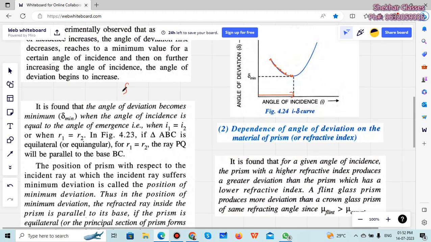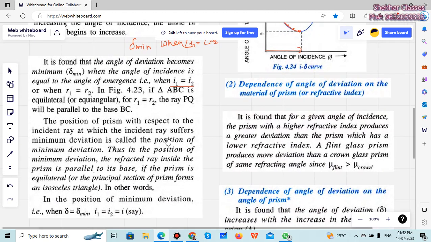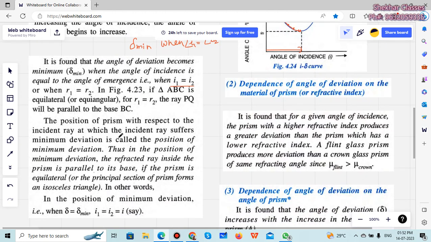It means delta is minimum only when the angle of incidence is equal to the angle of emergence. Okay, clear? When they are equal, I1 equals I2, then only is it a minimum. The position of the prism with respect to the incident ray at which the ray suffers minimum deviation is called the position of minimum deviation.